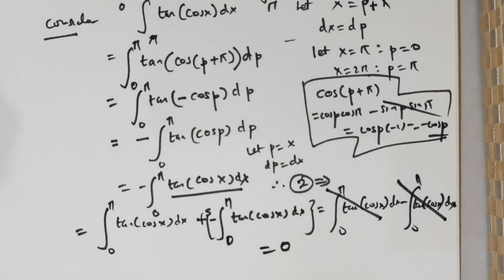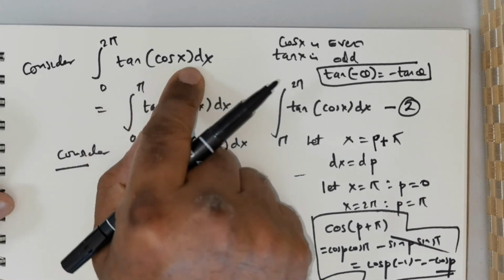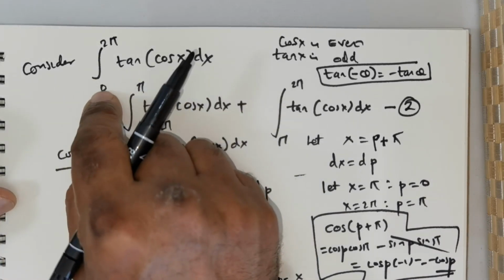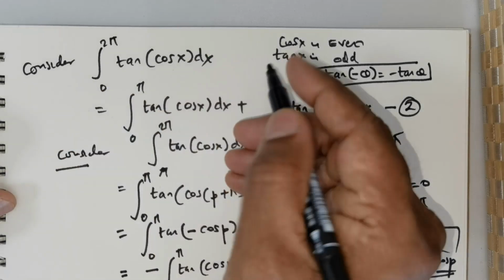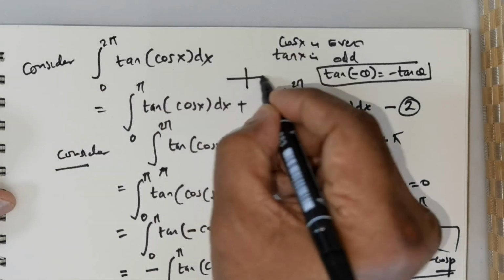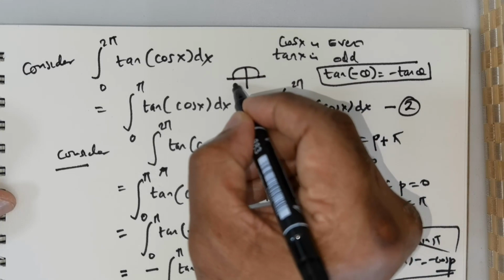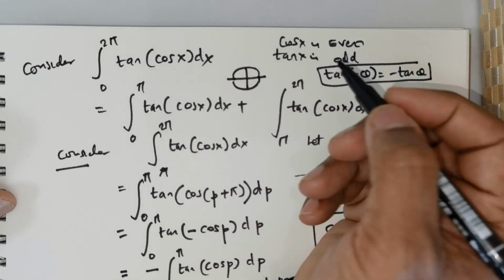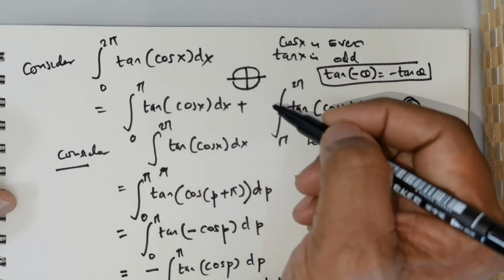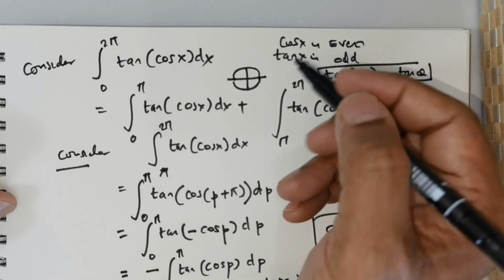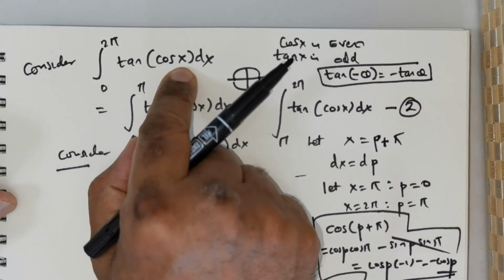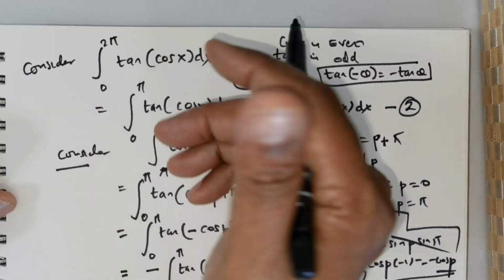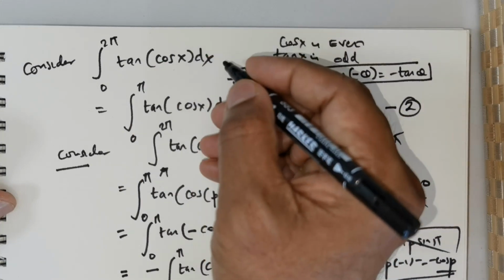Now this answer can easily be visualized right from the question, because the limits go from 0 to pi and then pi to 2 pi. So it's coming back to the original point where it started, and we got an odd and we got an even, and outright we can say the outcome is going to be equal to 0.